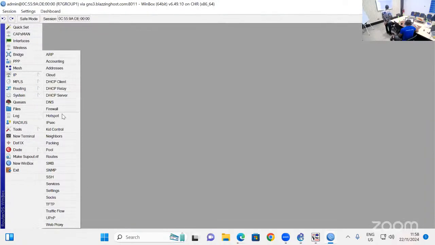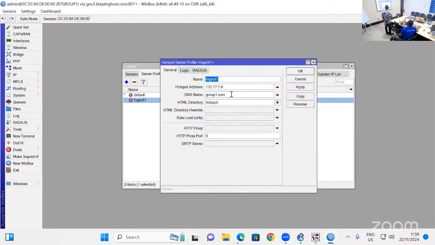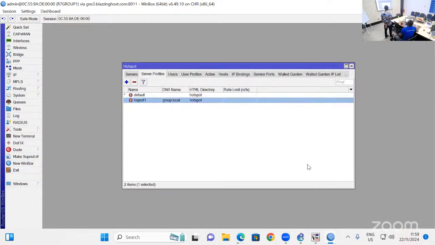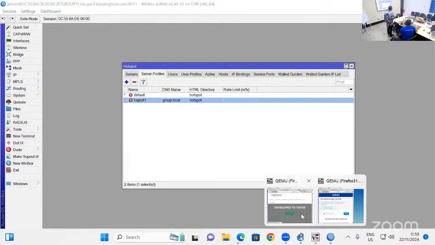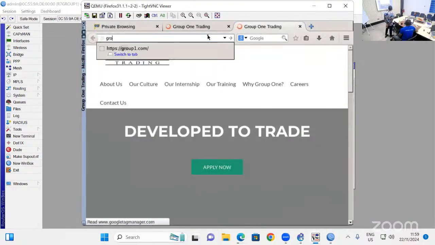So let me see your hotspot configuration. Hotspot group 1, then group1.com. Let's change it to something local so that we'll confirm if your hotspot is working. Group.local.